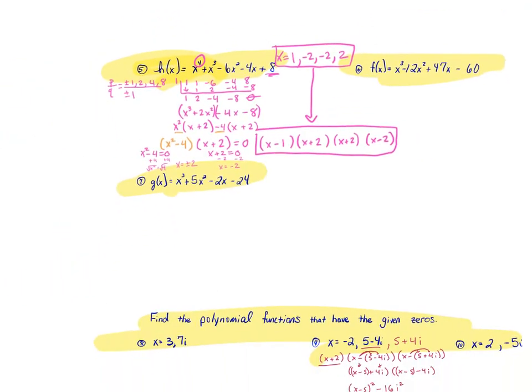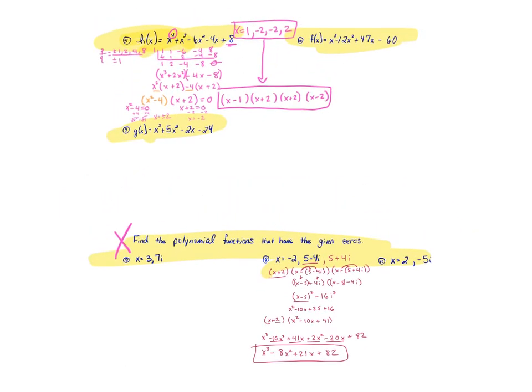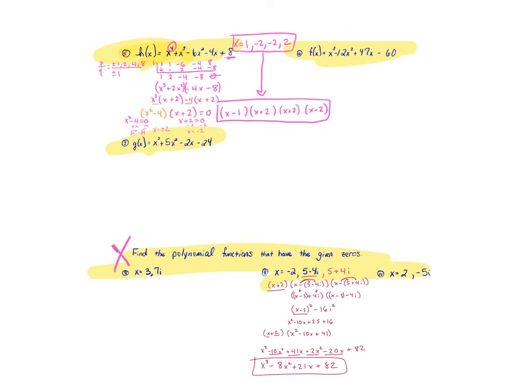One thing that I wanted to mention is this group here, find the polynomial functions that have the given zeros. There's not going to be any questions like this on your test on Tuesday. So 8, 9, and 10, and I think there might be some on the next page too, but there's no questions like this on your test.